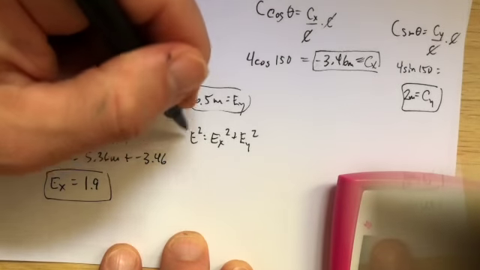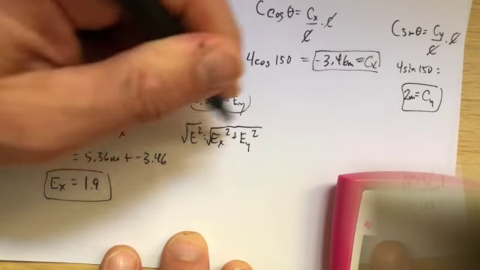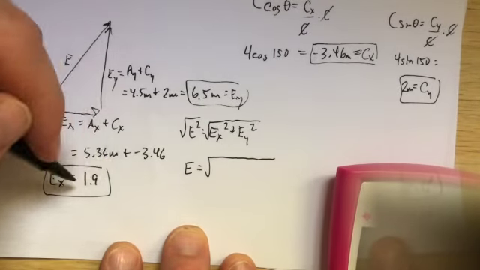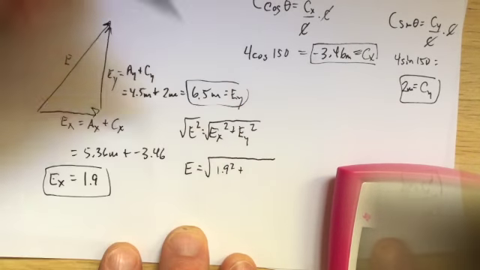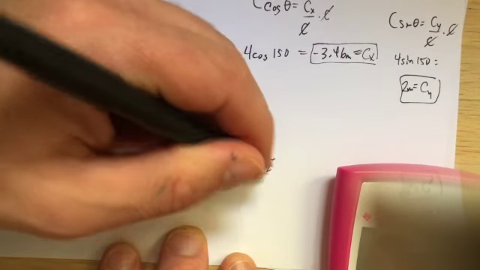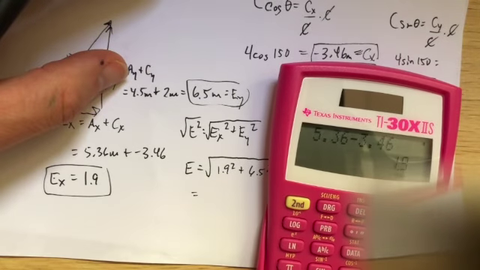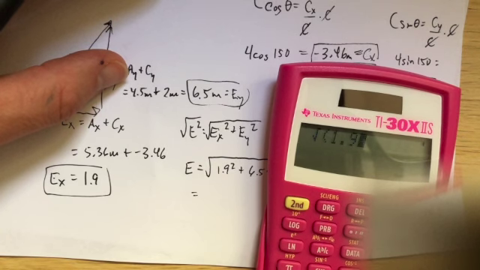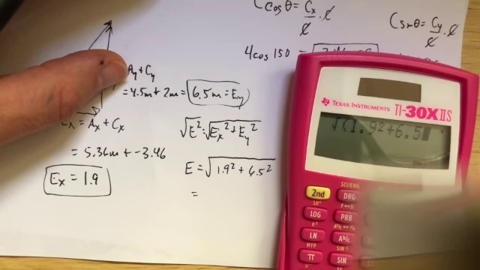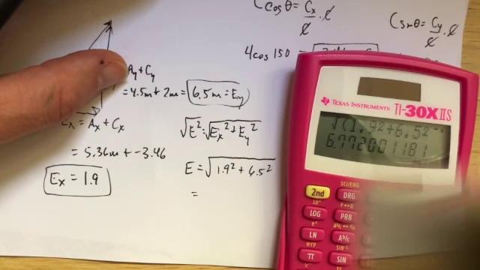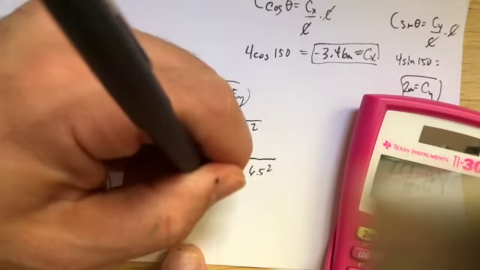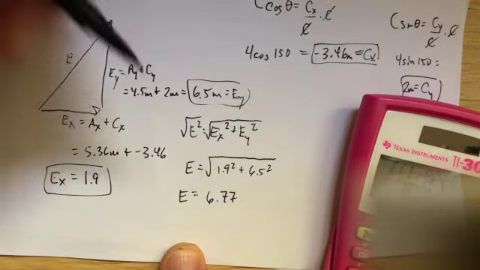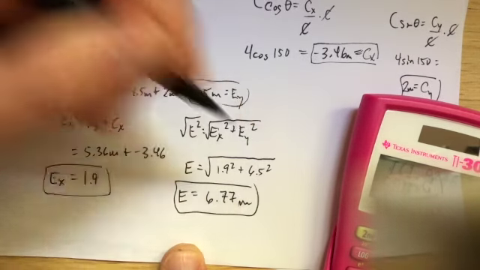I'm going to just right away take the square root of this since I know that I want only E. So I'll take the square root of 1.9 squared plus 6.5 squared, and that's 6.77 meters. So that's the magnitude of E.